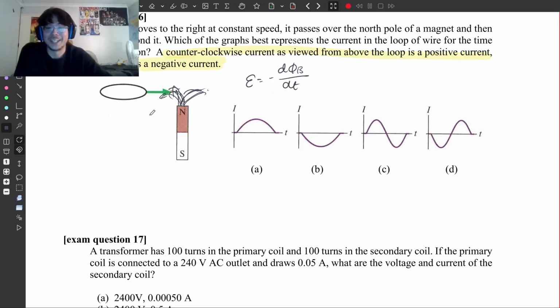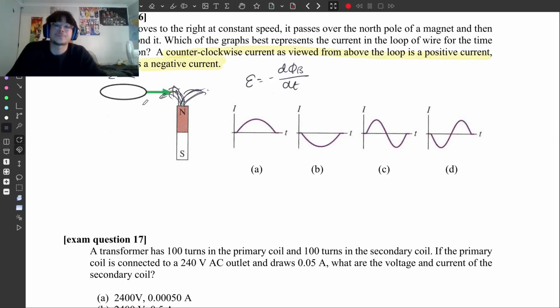So what you can imagine is that for the loop to pass over the magnet, it's directed in a way where it should generate a current going in this direction here, so anti-clockwise.